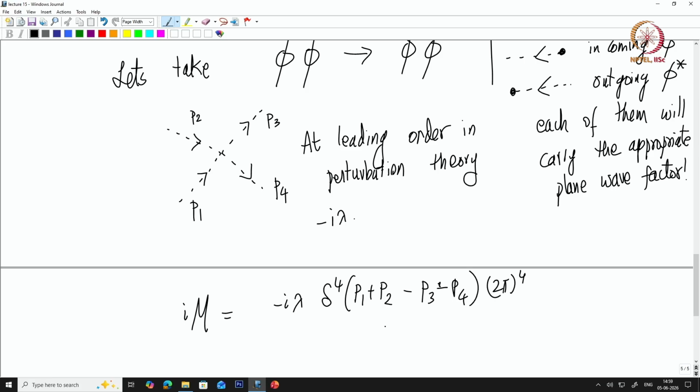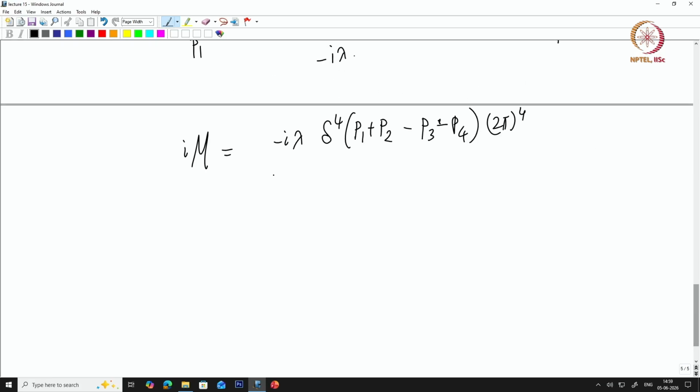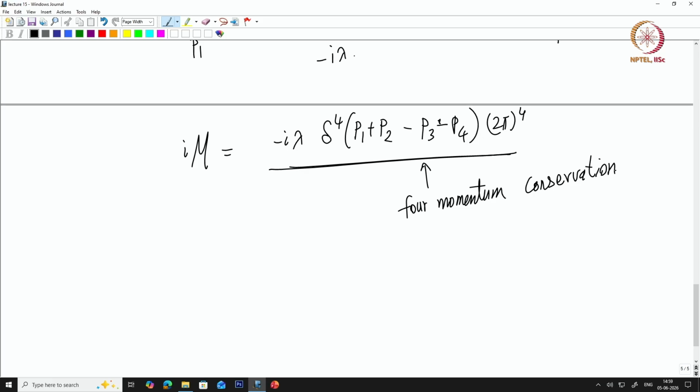So this amplitude is nothing but the 4 momentum conservation, which is imposed at every vertex.